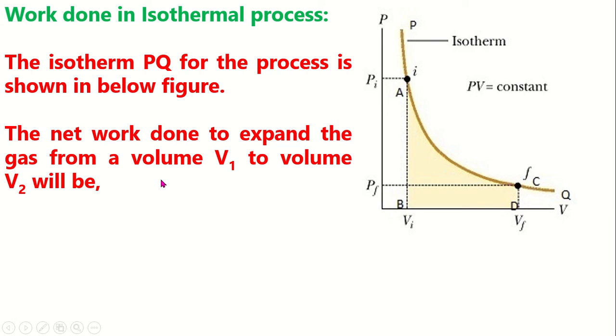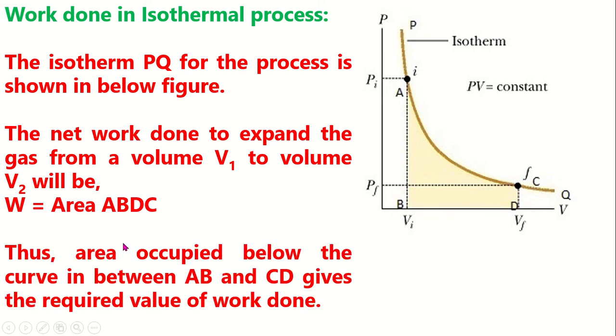So the net work done to expand the gas from volume V1 to V2 will be work done equal to area ABCD. Thus, the area occupied below the curve in between AB and CD gives the required value of work done.